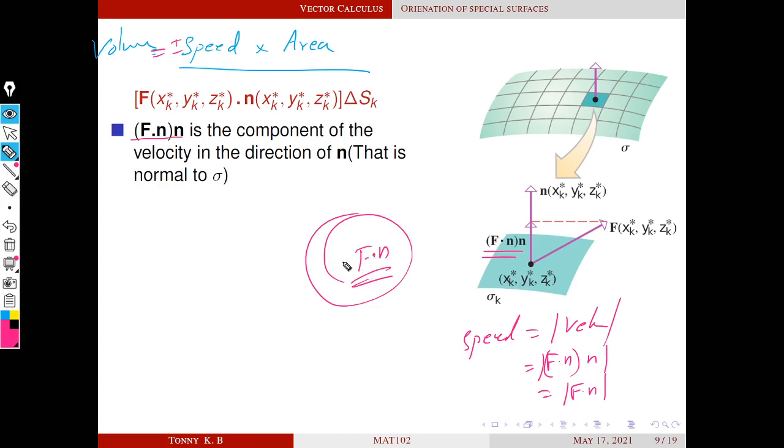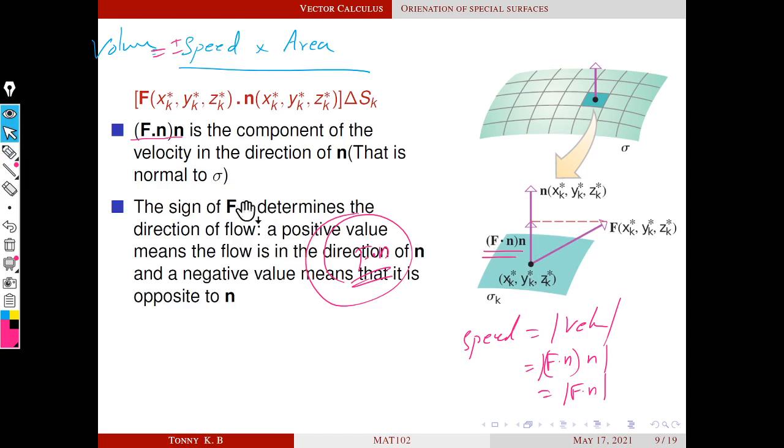If f dot n is positive, the flow is in the direction of n. You got it? If f dot n is negative, the flow is opposite to n, and the modulus of f dot n gives the speed of the flow. That's the idea.